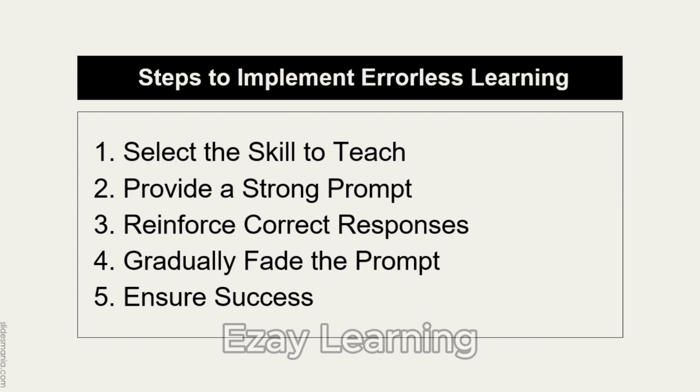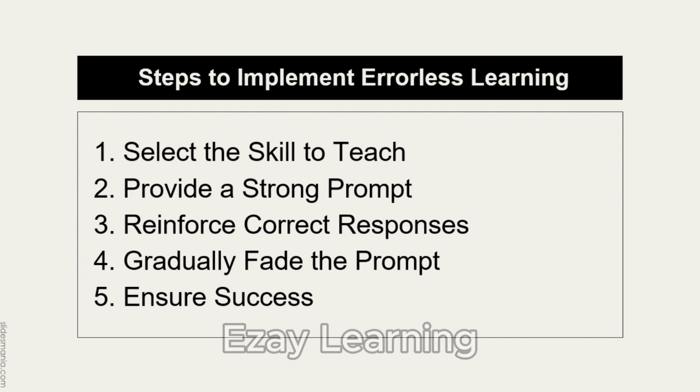For example, start with physical guidance, then fade to a verbal cue, point to the dog, and eventually the learner responds independently. Ensure success. Make sure that the learner can perform the task independently. Before moving on to more difficult tasks or skills, the learner should experience consistent success.